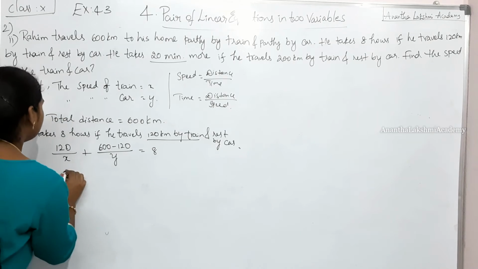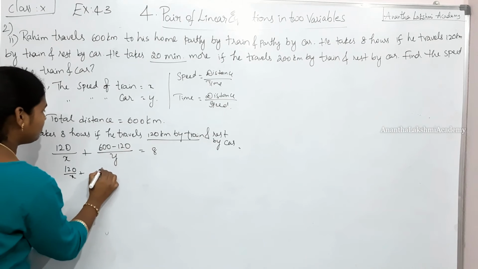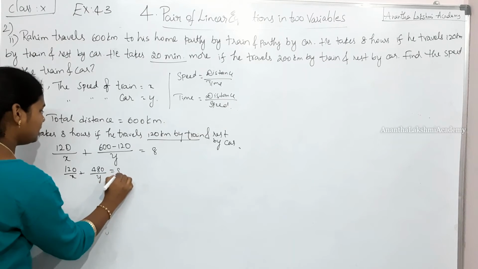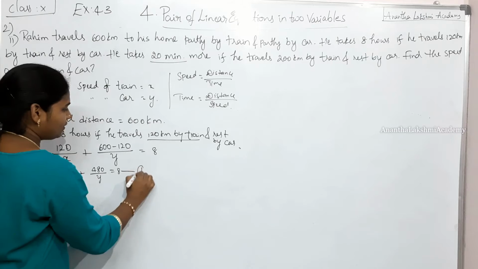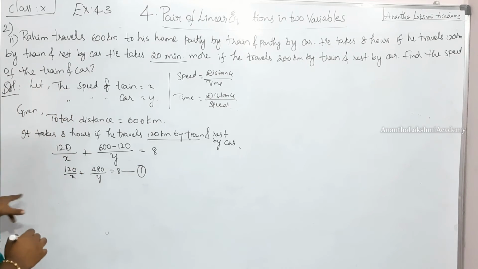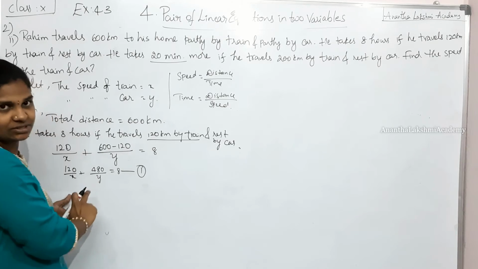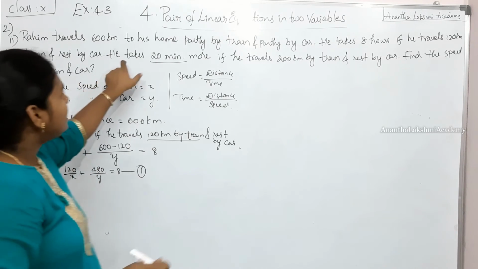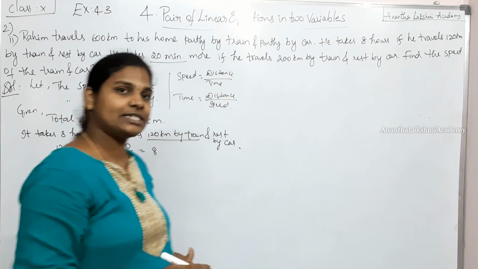So 120 by x plus 600 minus 120, that is 480, by y is equal to 8. Let us assume this is our first equation. Since we are dealing with equations reducible to linear form, the equations will be like this. Don't panic.